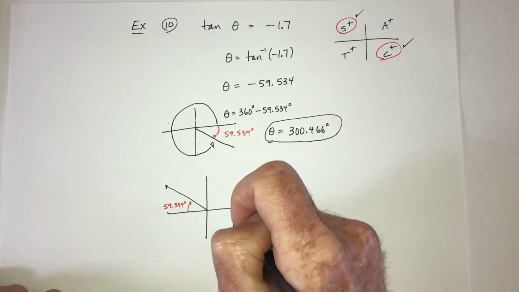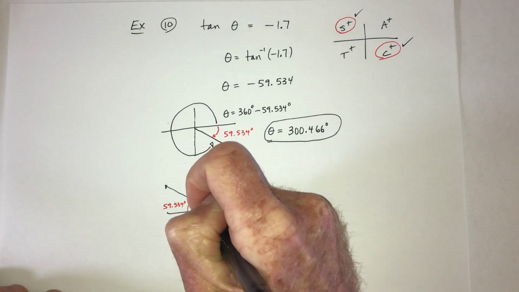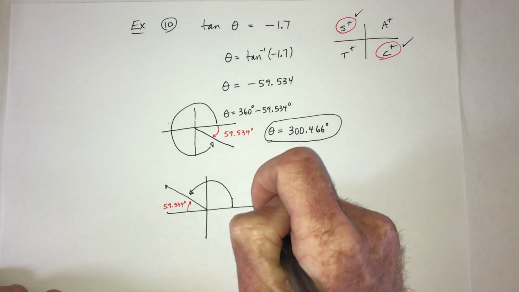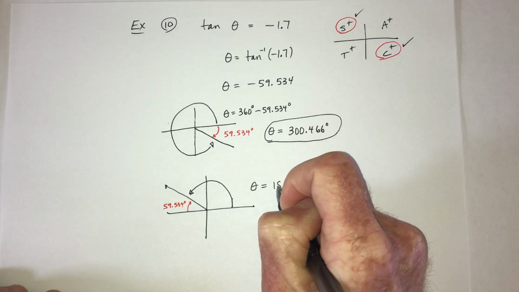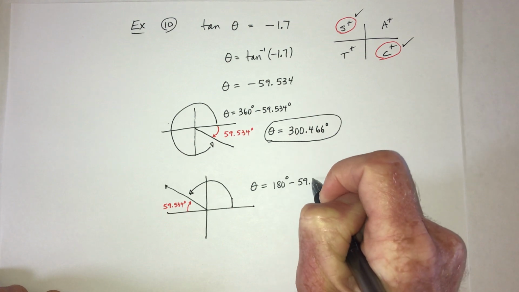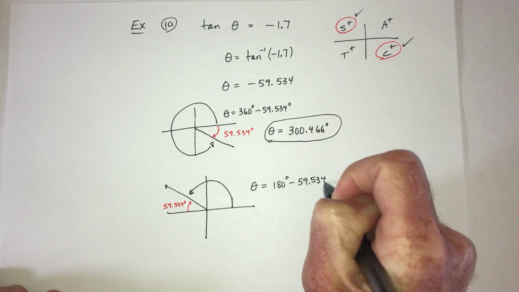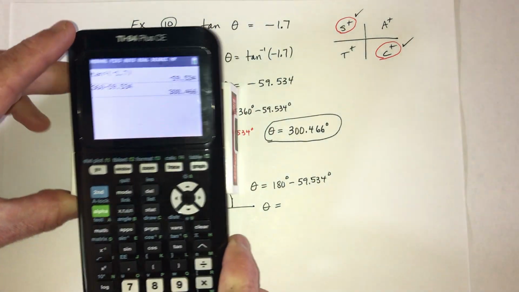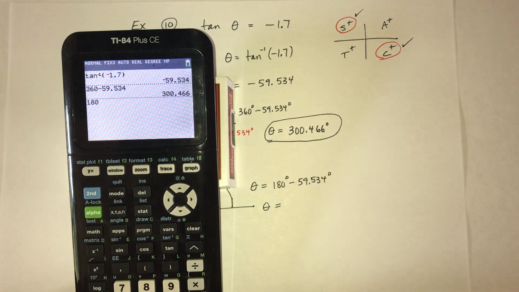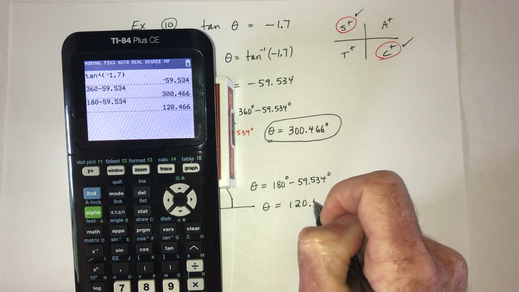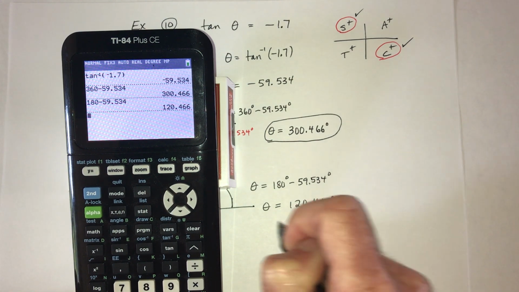Now to get that, you start from the x-axis and you go this direction so that you have a positive answer. And that means that it would be theta equals 180 minus the 59.534. So now 180 minus 59.534 is 120.466 degrees.